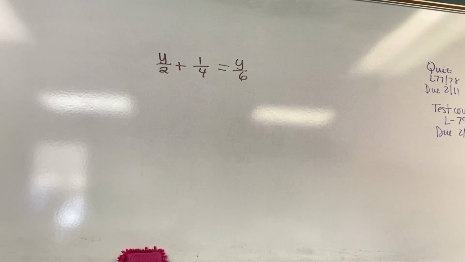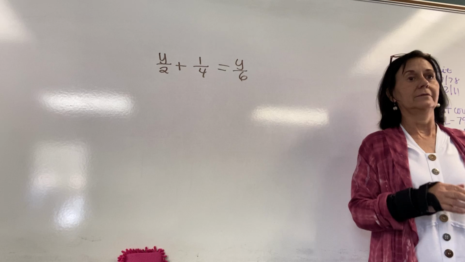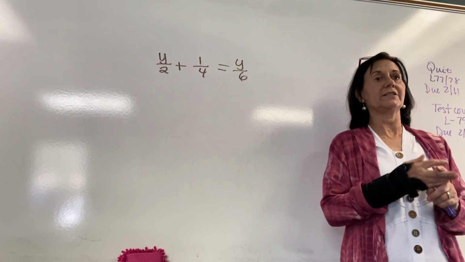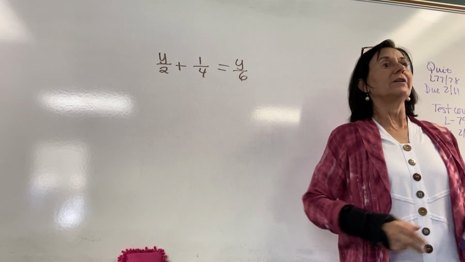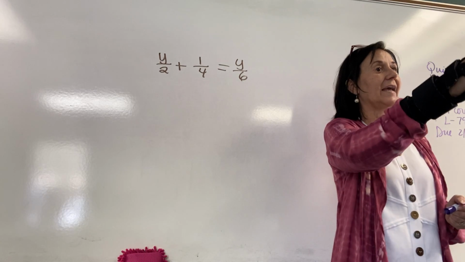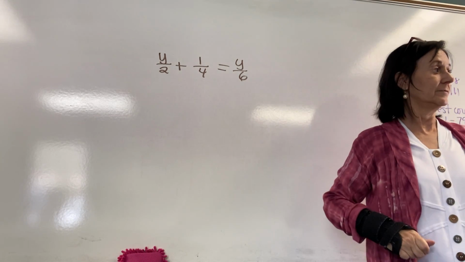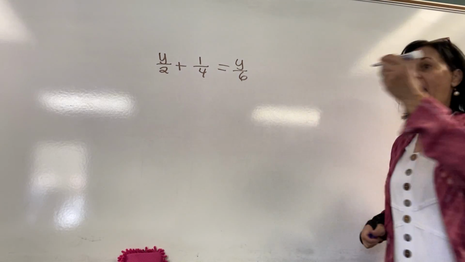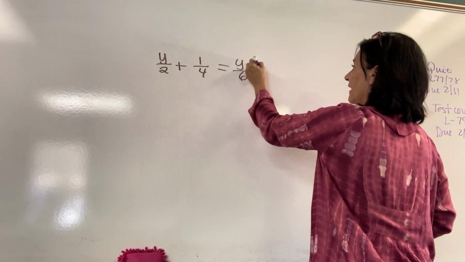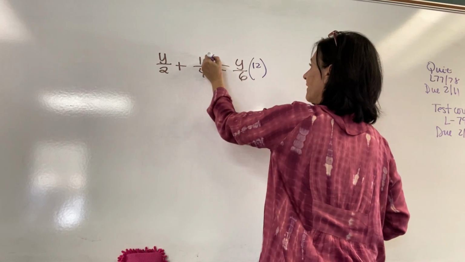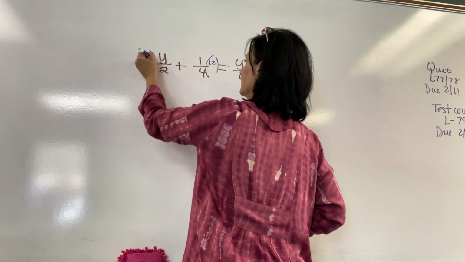What would be the common denominator of 2, 4, and 6? Not 2, you go up. What do 2, 4, and 6 all go into? 12. They all go into 12. That is what I'm multiplying every term by. I'm multiplying every term by 12.